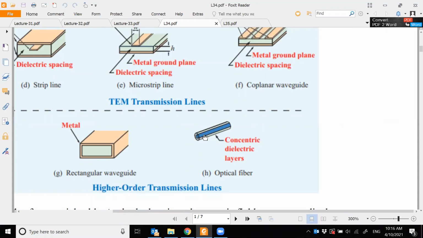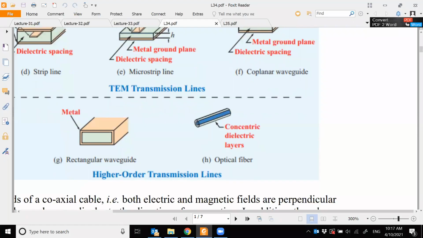Because these two dielectrics will ensure we have a total internal reflection in this dark blue region, and therefore your light can travel. And this is basically meant for light, that means electromagnetic waves with frequencies in hundreds of terahertz, like 150, 200 terahertz, which is our near infrared and visible wavelengths.